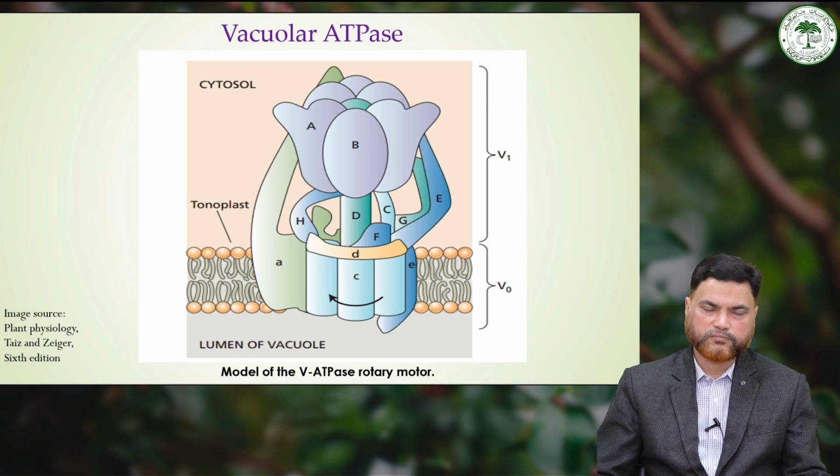This electrogenic proton pump creates a potential in the vacuole in the range of 20 to 30 millivolts, and vacuolar ATPases play a very important role in maintaining bulk electrical neutrality.